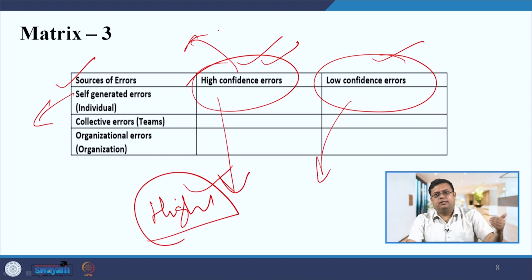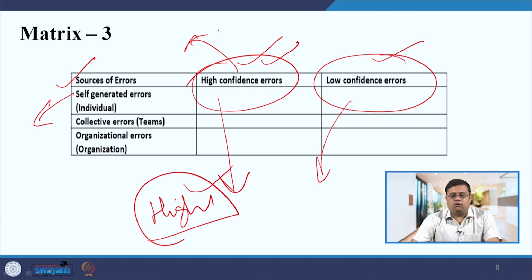So, some mentor is there, some coach is there, and then the person is involved in on-the-job activity, and during the job that person is developing, and then these high confidence errors can be minimized, or the employee can realize their mistakes or errors quickly.